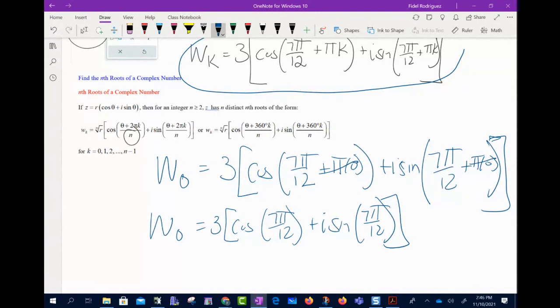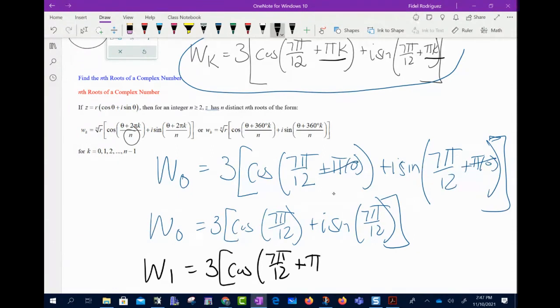Now, we're going to do the same thing, but now k is going to be equal to 1. Remember, k is equal to 1, so I'm just putting in the 1 right there. So pi times 1 is just pi.